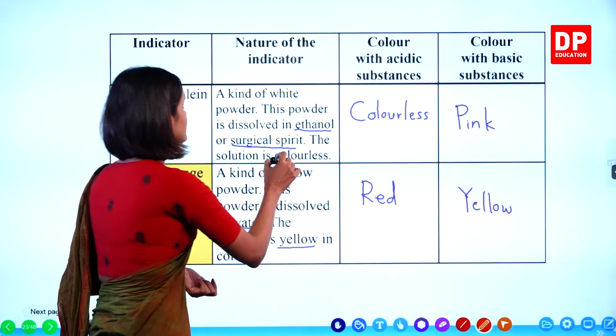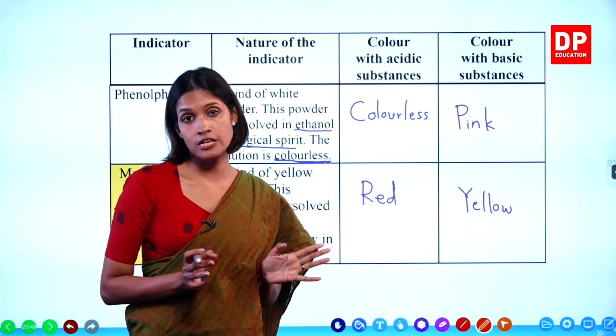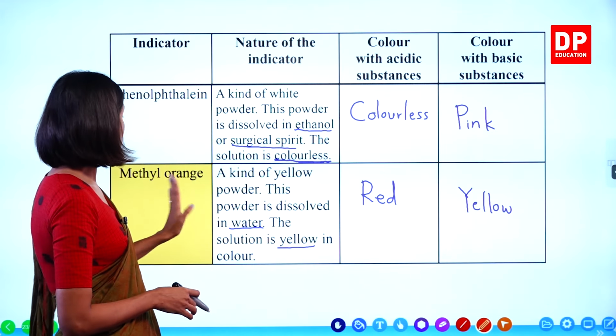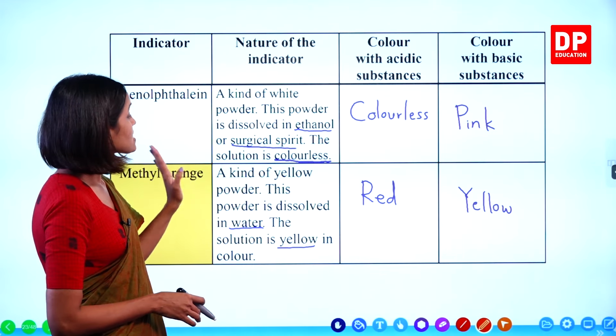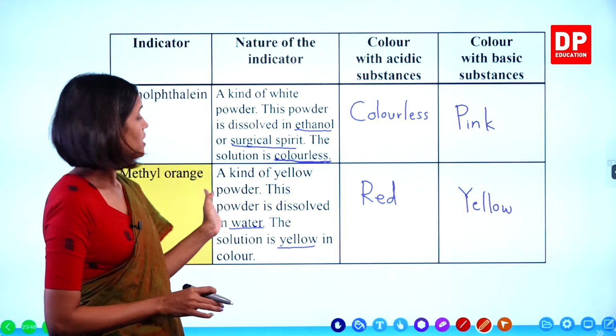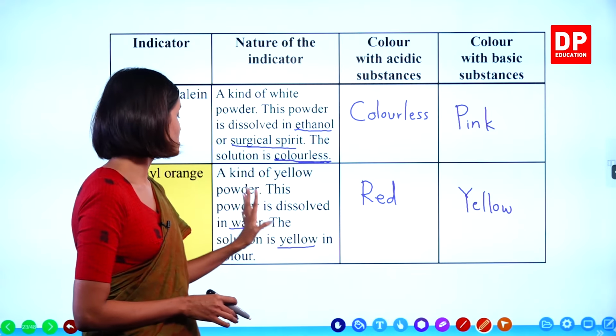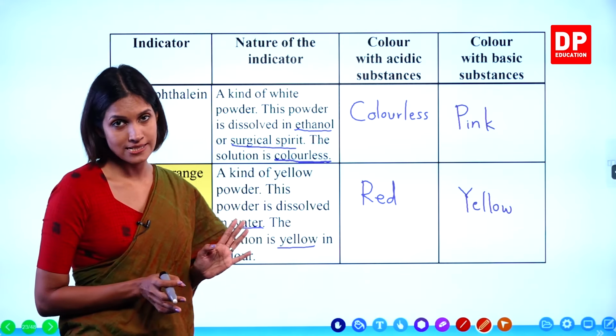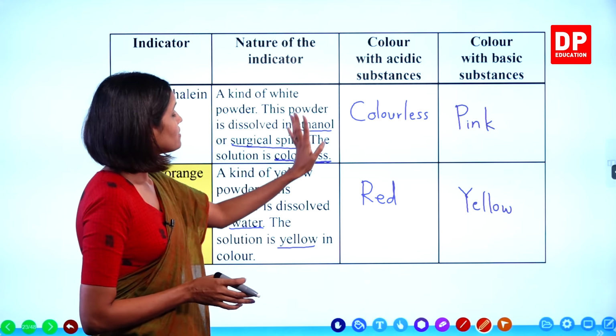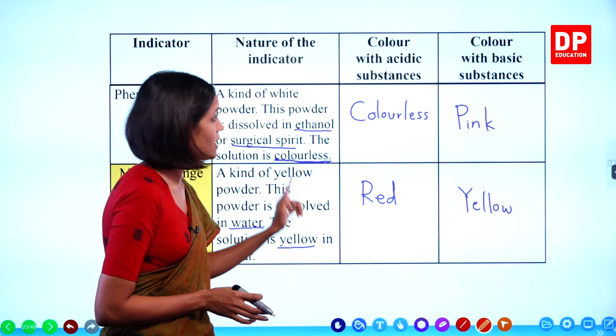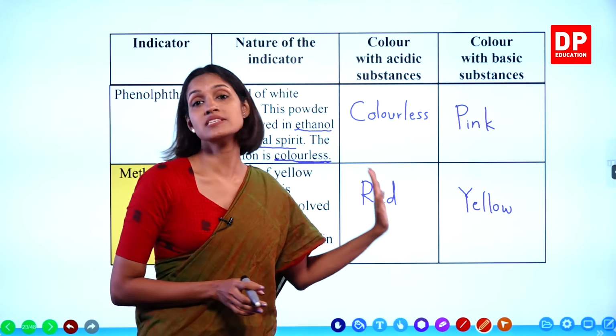It means it does not change color, and with basic substances it turns pink, right? And the last one, methyl orange, it's a kind of yellow orange color powder. This powder is dissolved in water and the solution is yellow color or dark orange in color, right? So the color with acidic substances is red and the color with basic substances is yellow.